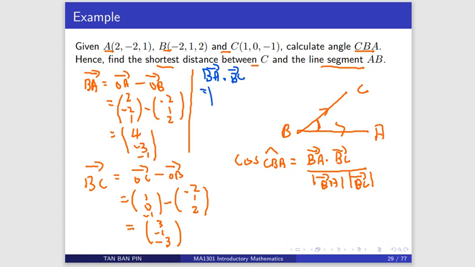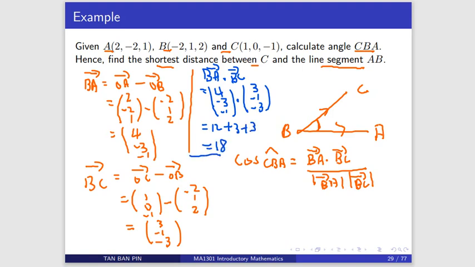So we just take 4, minus 3, minus 1 dotted with 3, minus 1, minus 3. That will give you 12 plus 3 plus 3, equal to 18.